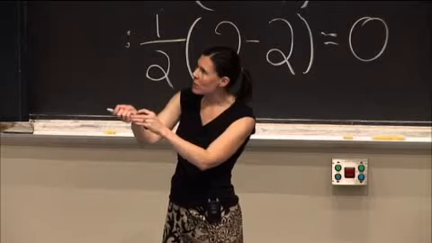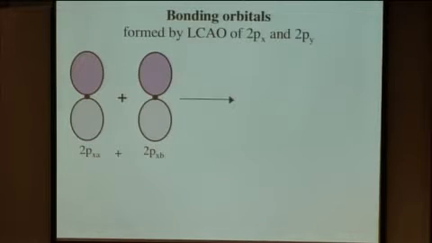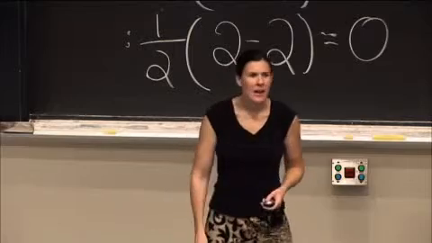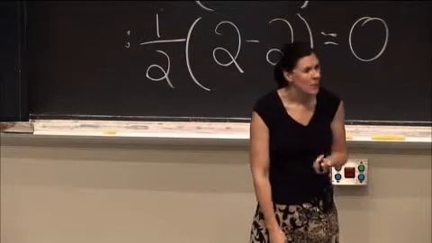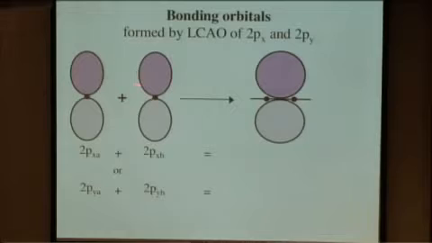This is the shape of the orbital or the shape of the wave function. And we can call this either 2pxa being combined with 2pxb, or we could say, since it's the same shape, it's 2pya being combined with 2pyb. And in either case, if we first talk about constructive interference, what again we're going to see is that where these two orbitals come together, we're going to see increased wave function in that area.